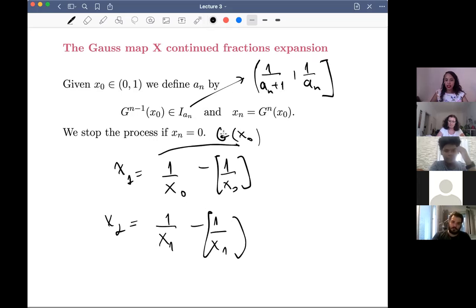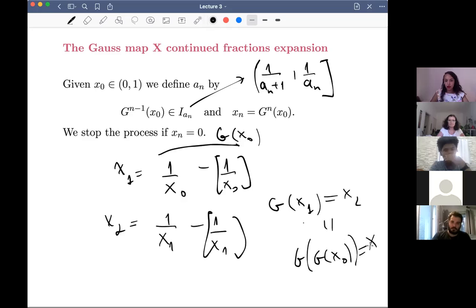So x1 is G of x0. x2 is going to be G of x1, but x1 was already G of x0. So x2 is the second iterate of x0. And so on. x_n is the nth iterate of x0.